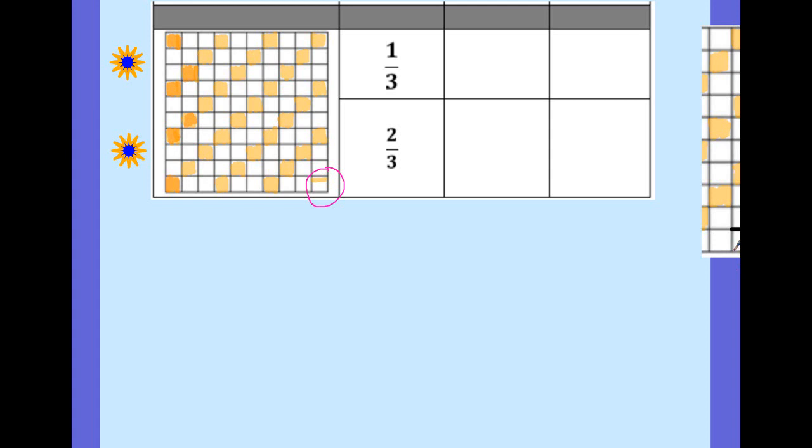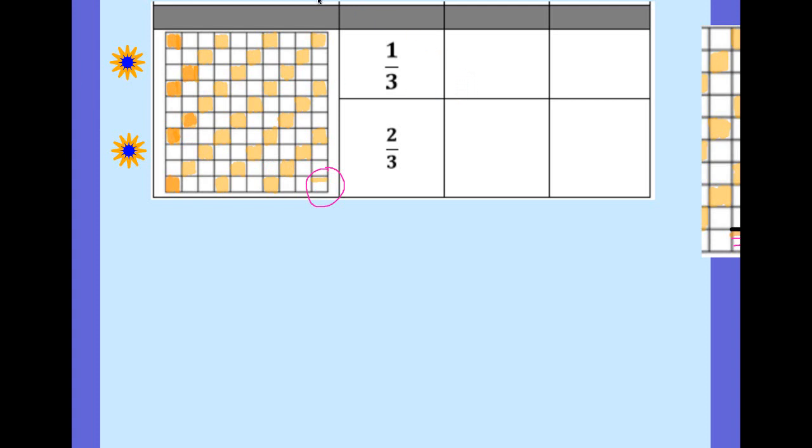There is only 1 square left. But I need to shade something. So I need to turn this 1 square into 3. So I can cut it in 3, and we'll pretend that those are equal shaped, equal sized, and then I can shade one of them. And that's what you see here. 1/3 is shaded in the last square.